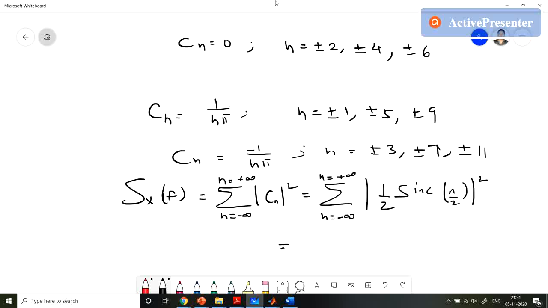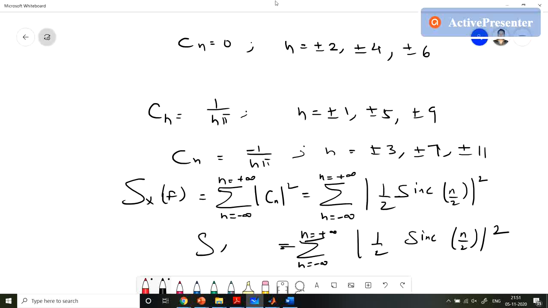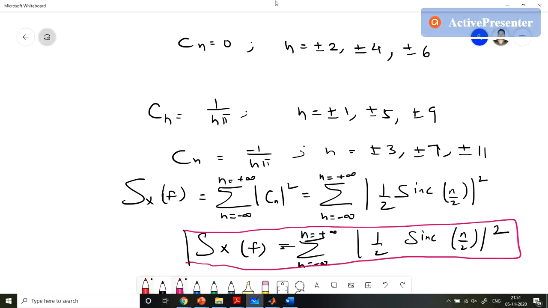So this is Sx(f), that is the power spectral density.